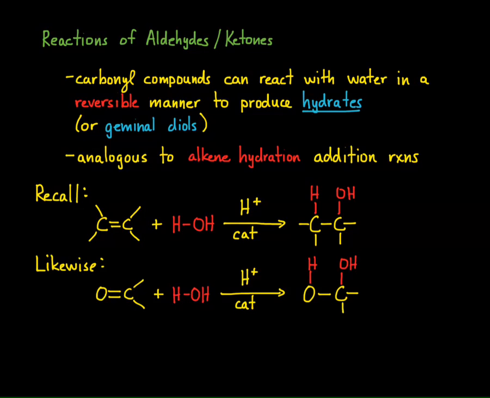Water is being added across the double bond. There is regiochemistry, where the OH always adds to the carbon and the hydrogen always adds to the oxygen. We're going to see how this works in just a little bit. But this is called a hydrate. Notice on that carbon you now have two OH groups, and this is why it's called a geminal diol, right? Two OH groups on the same carbon, geminal diol.